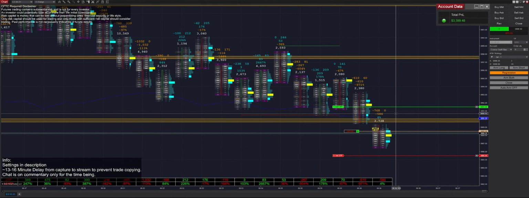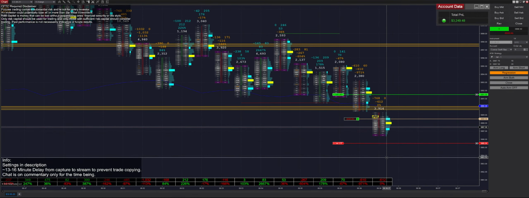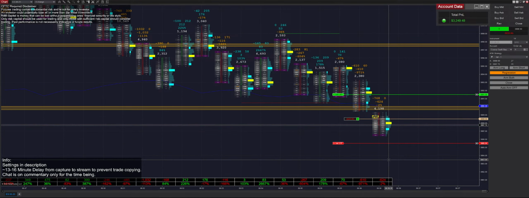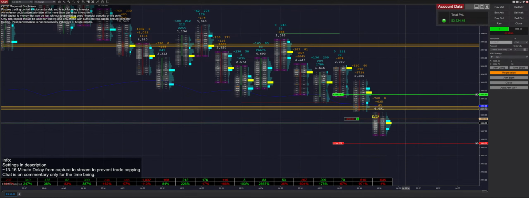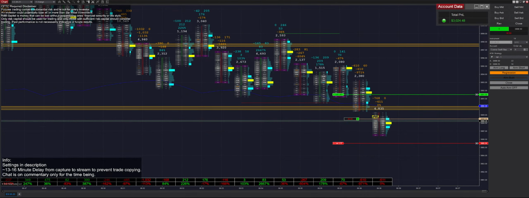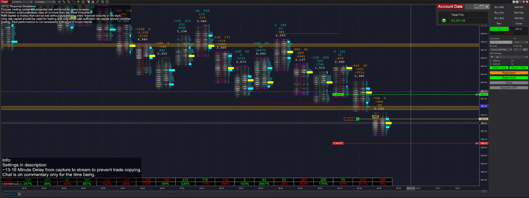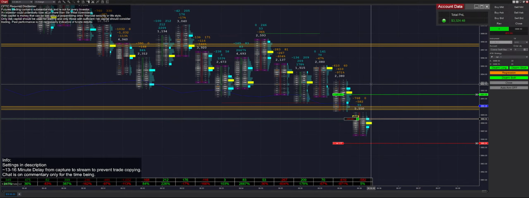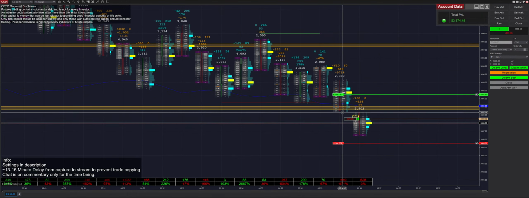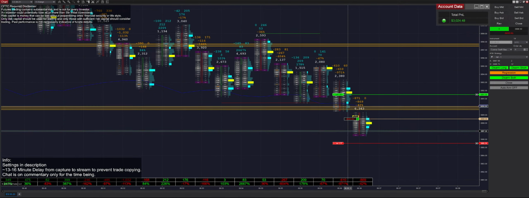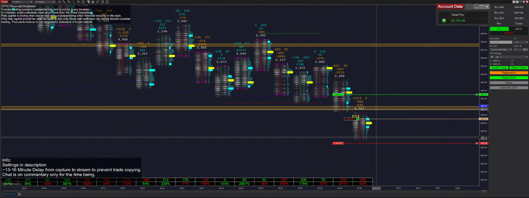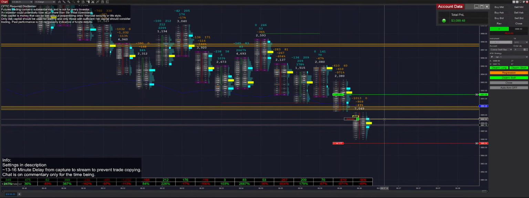Okay, so we actually got filled into a long trade here, so it's probably going to re-enter. Unfortunately, we were not fast enough to catch this zone, and we got filled into a regression trade.